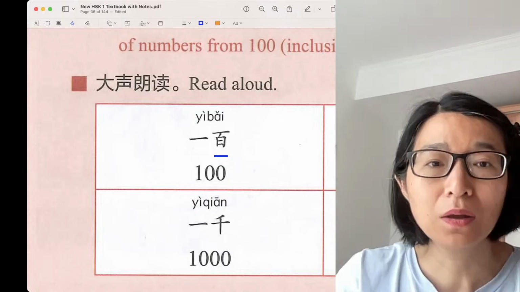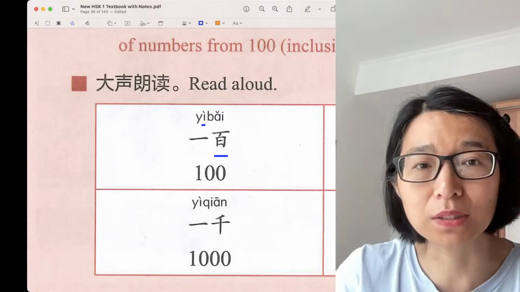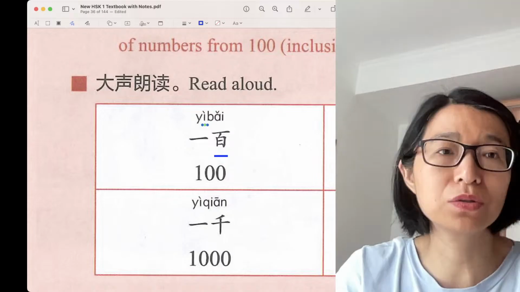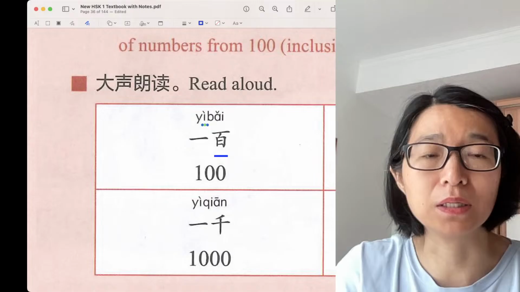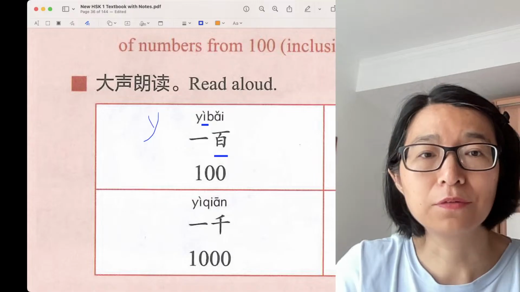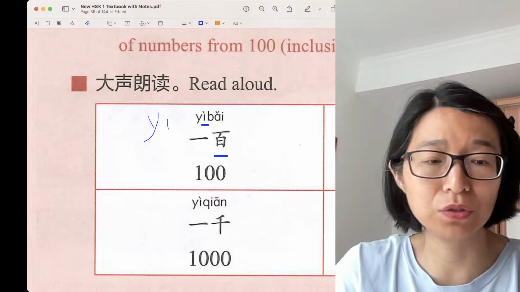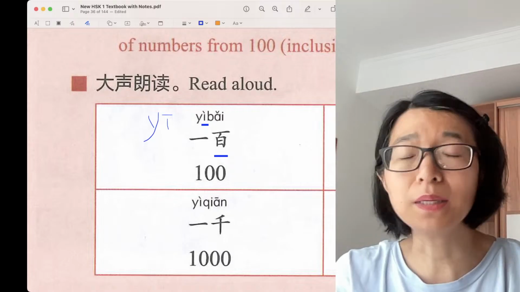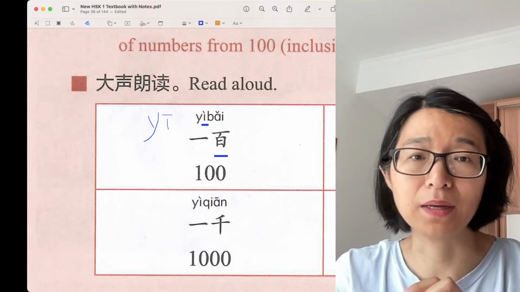Okay, pay attention to this. 一 originally is a flat tone, first tone. But here you can see 一 changed to a falling tone. So 一百.